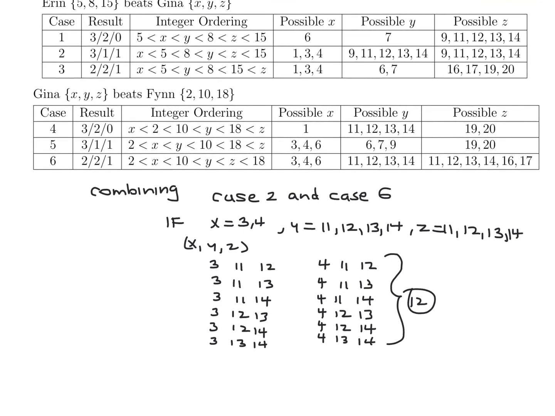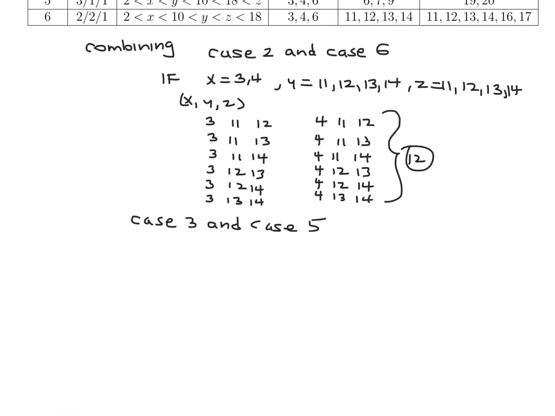And then we can also combine case 3 and case 5. Those two would basically mean that X is either 3 or 4, Y is 6 or 7, and Z is 19 or 20.